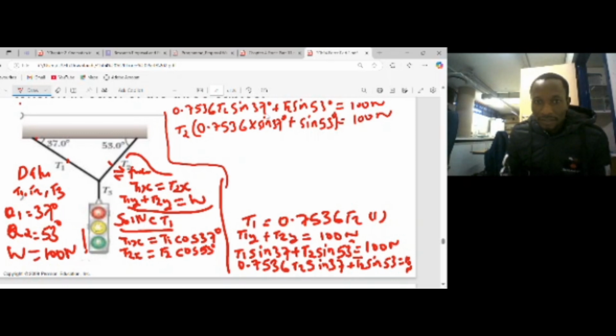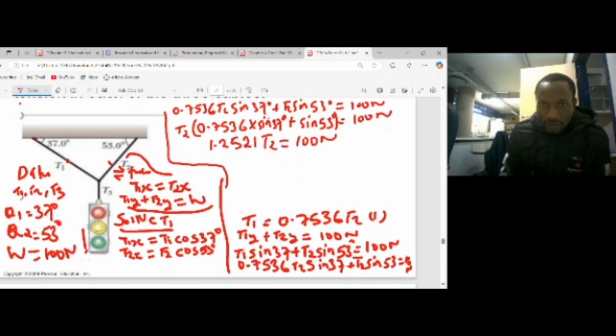So if you multiply everything here, we're going to have T2 times 0.7536 times sin 37 plus sin 53 is equal to 100. So it gives us 1.2521 T2 is equal to 100 Newton.